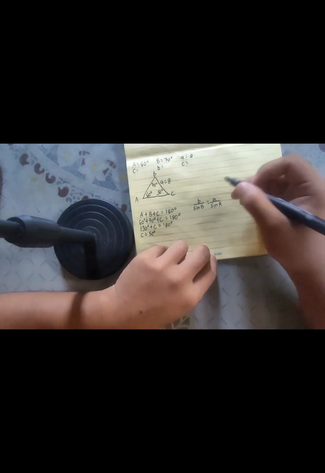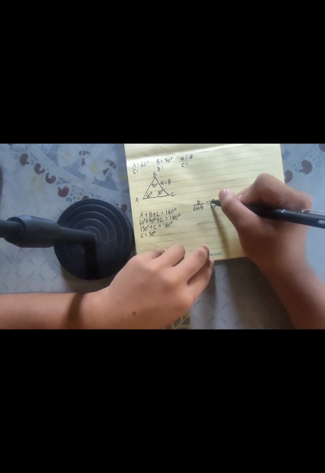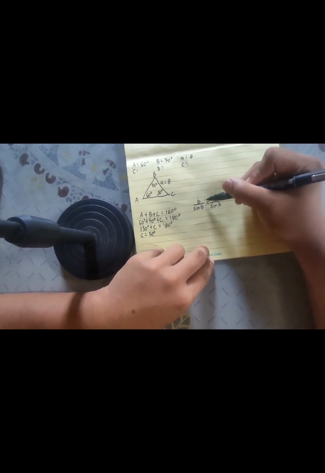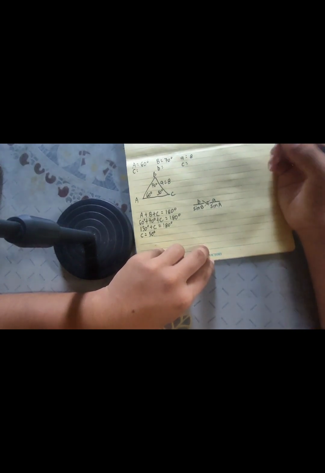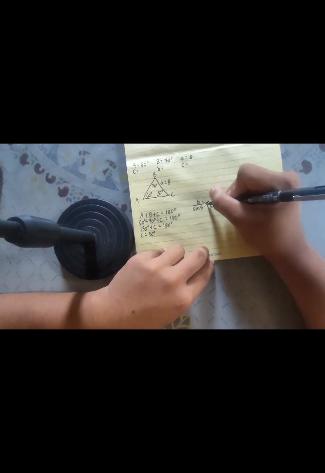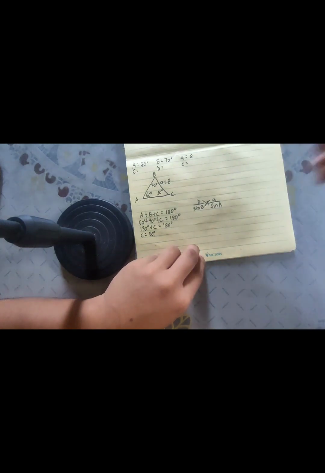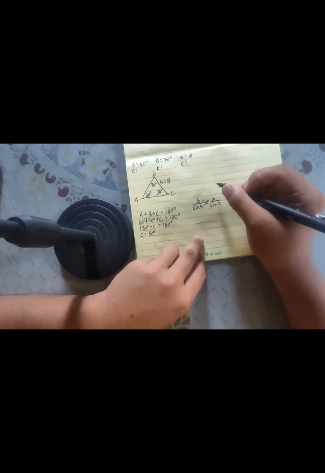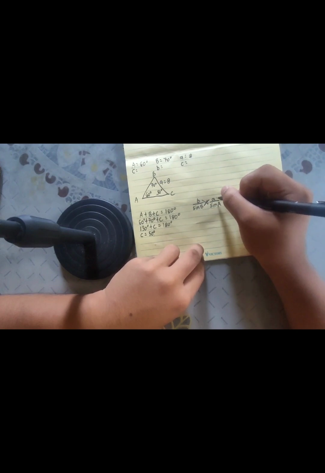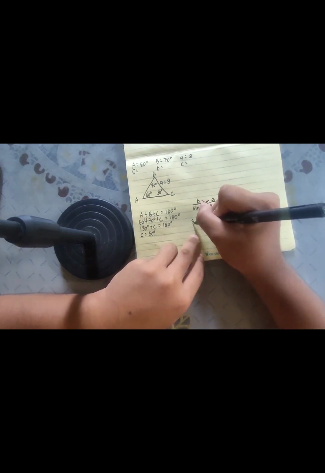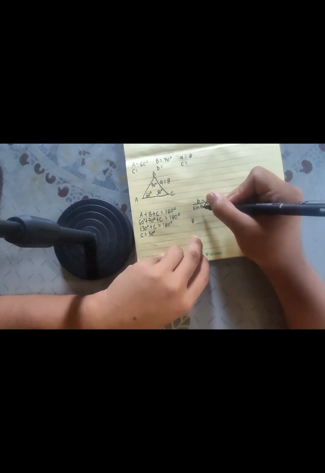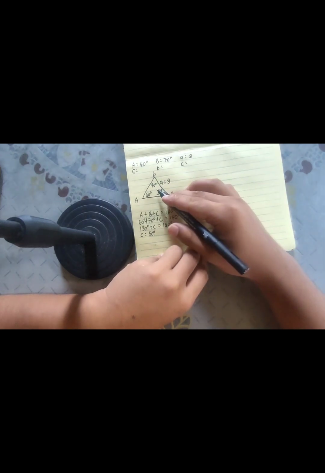So we're gonna substitute this. We're gonna cross multiply it. Substitute, what is our side A? So we have 8 cross multiply. What is our sine B? 70 degrees.